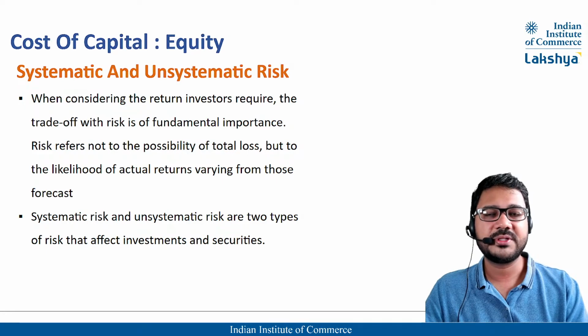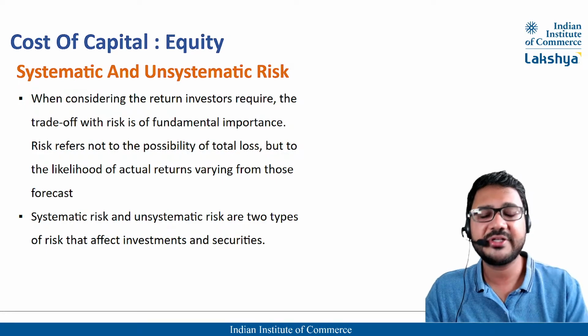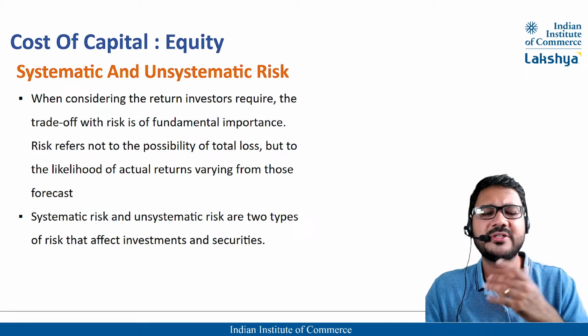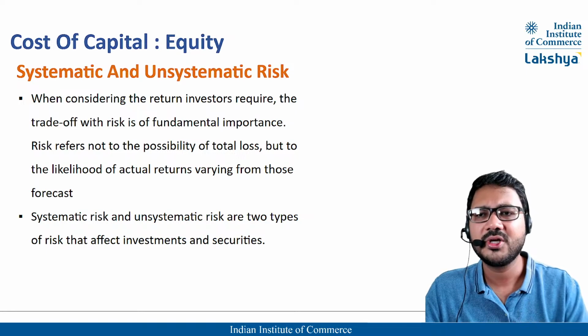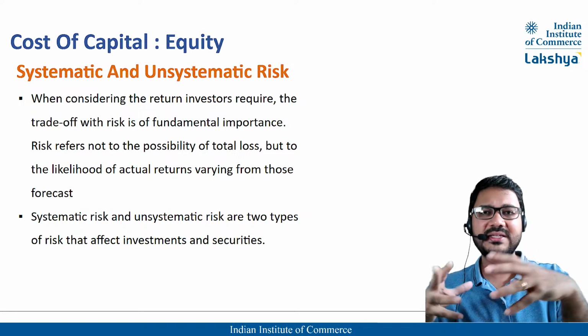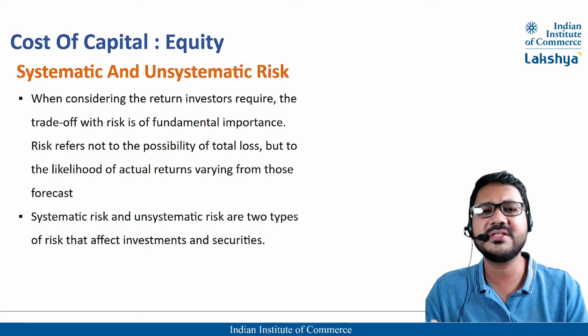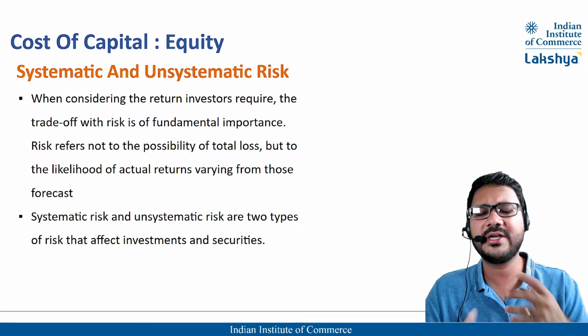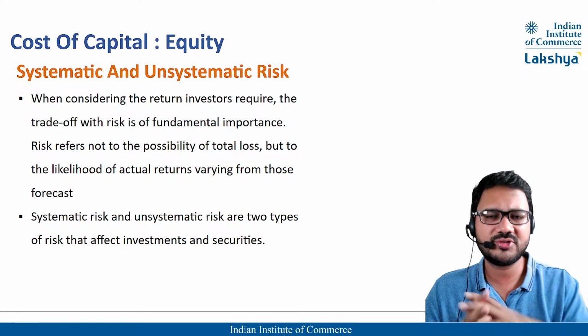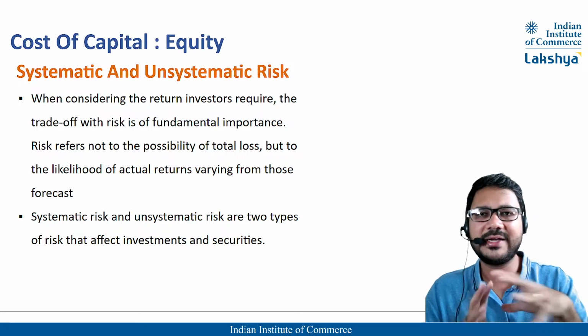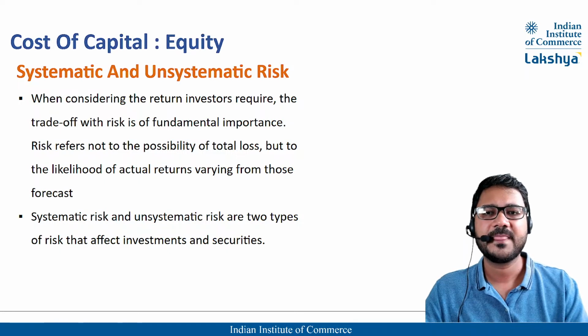So say for example there is inflation or deflation in the country, or there is some political unrest, or some war, so it's going to affect the entire system as a whole. Or there are some policies brought out against tobacco or liquor, or alcohol, so it's going to affect one entire sector. That is systematic risk.